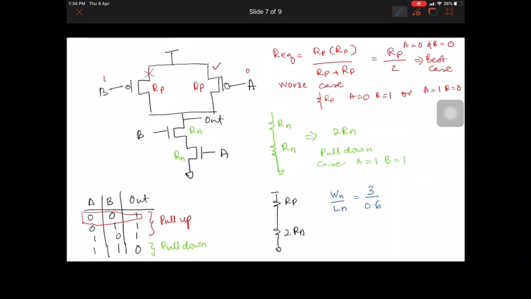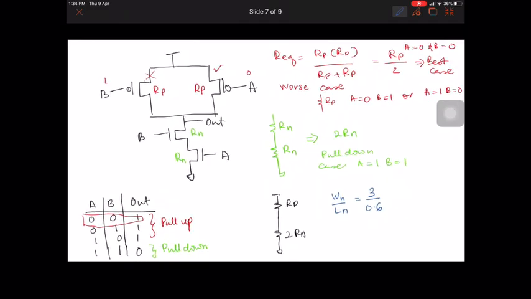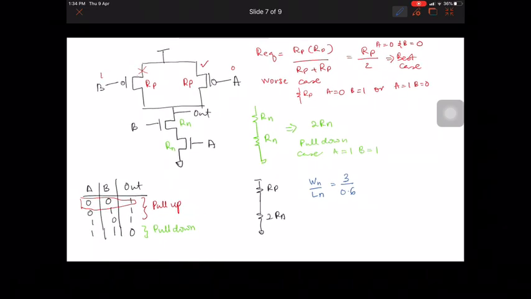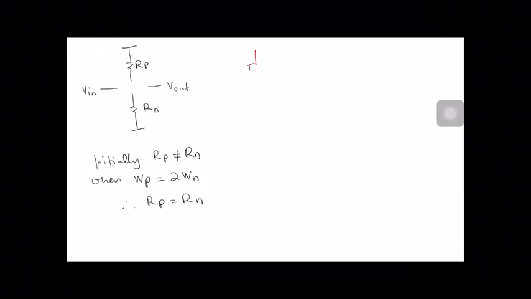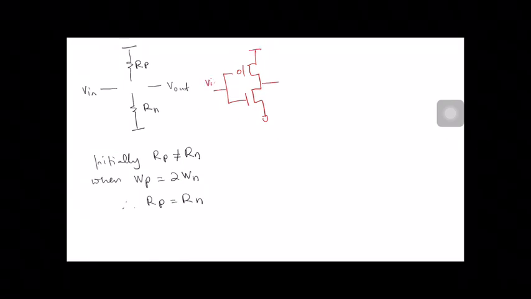When you look at the inverter, it was Rp and Rn, right? So let's look here. In the case of the inverter, this was Rp, and this was Rn, right?